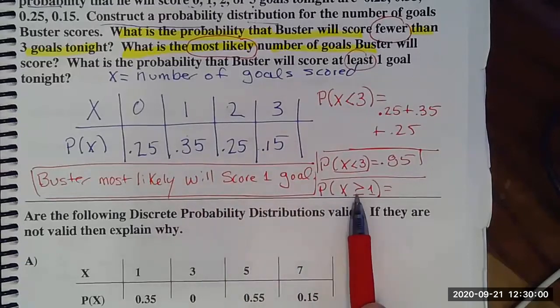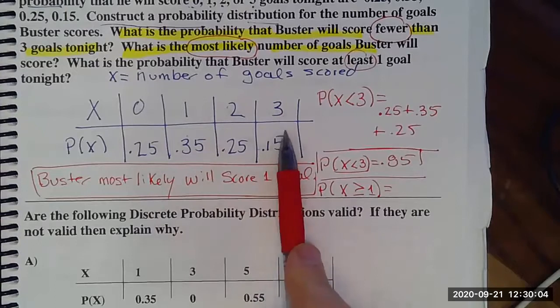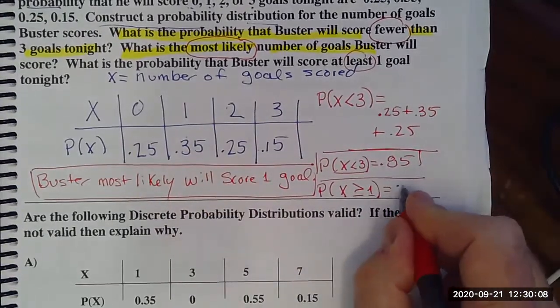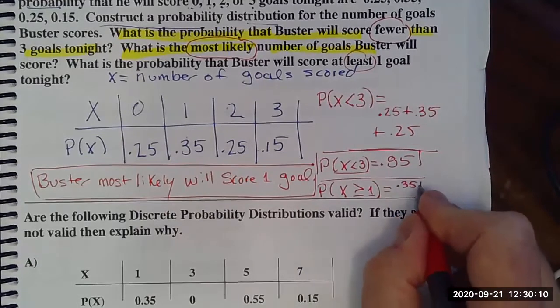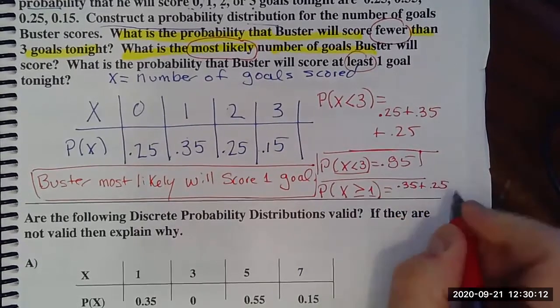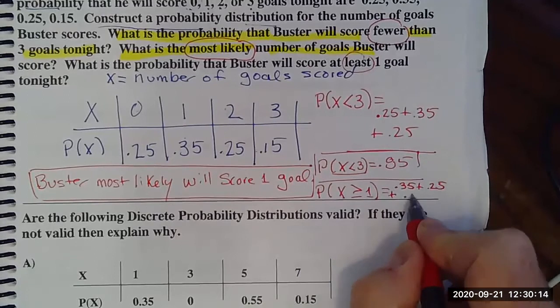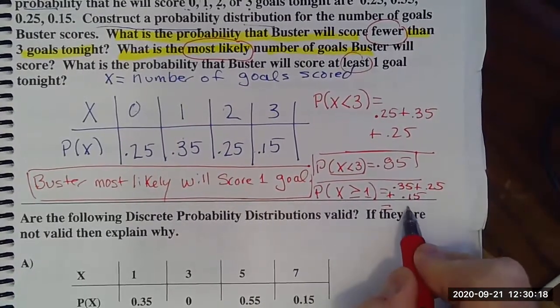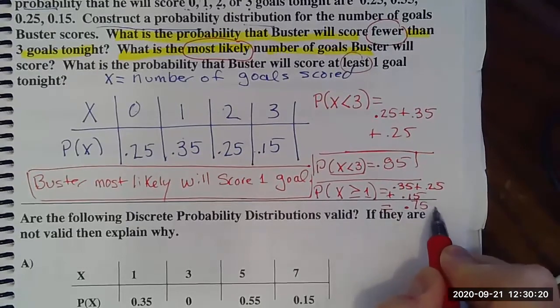At least means more than or equal to 1. So 2 is more, 3 is more. So add up your probabilities right here. So you got 0.35. Looks like it's 0.75 or 75%.